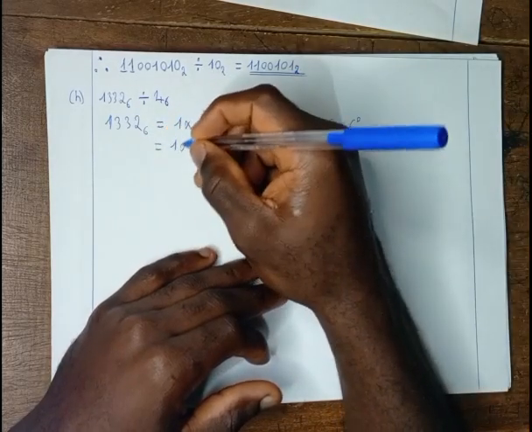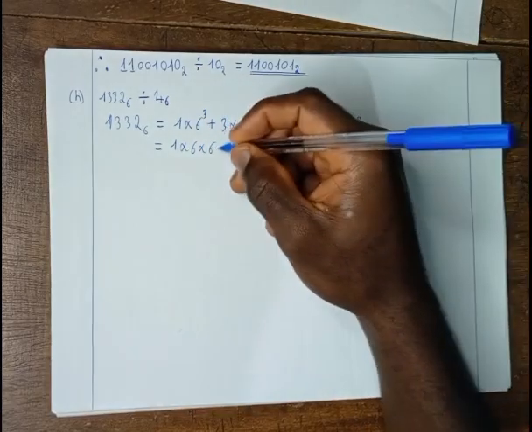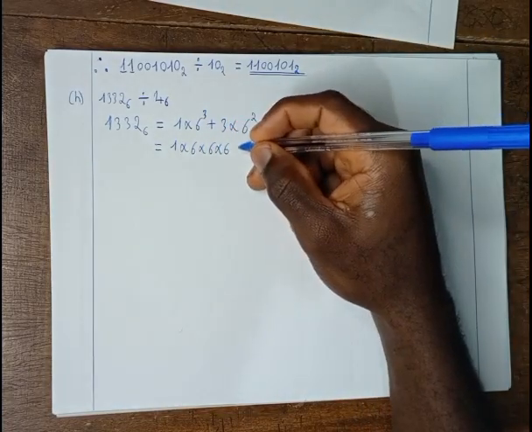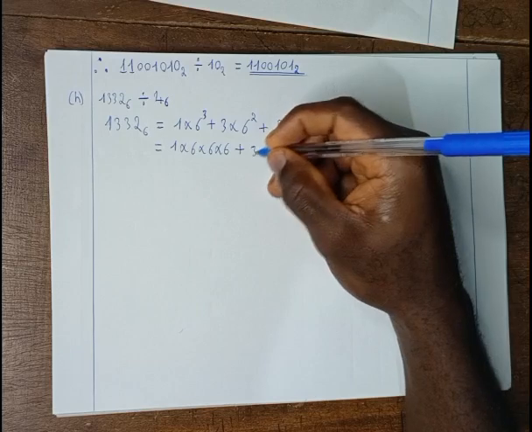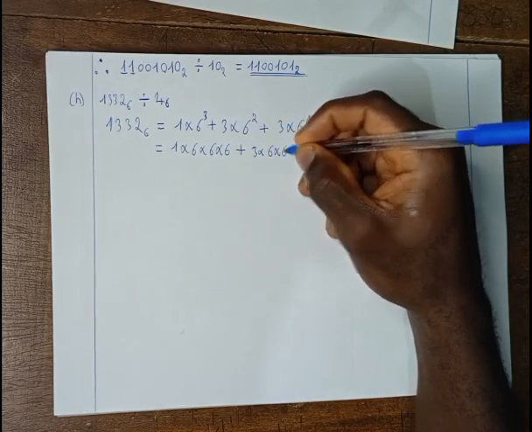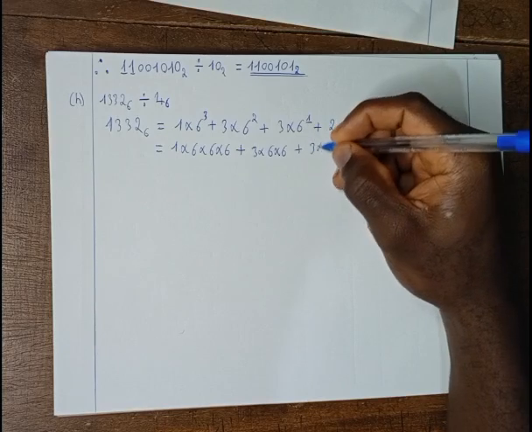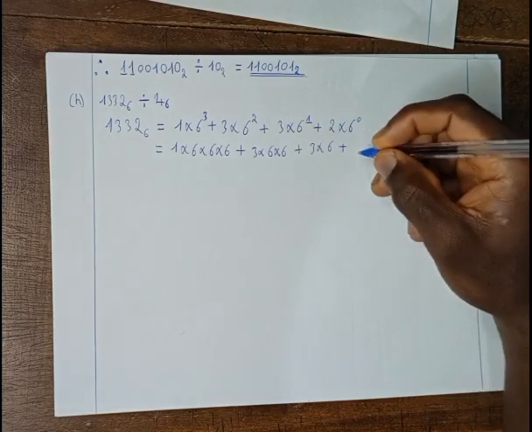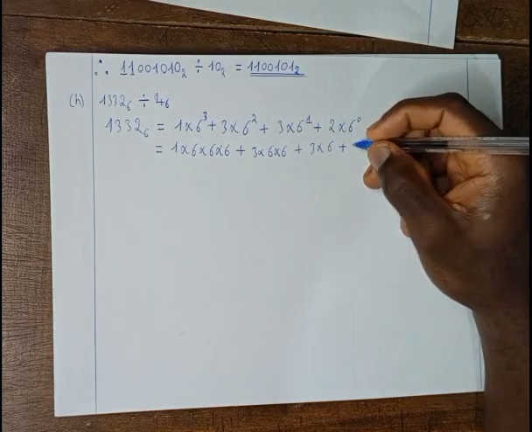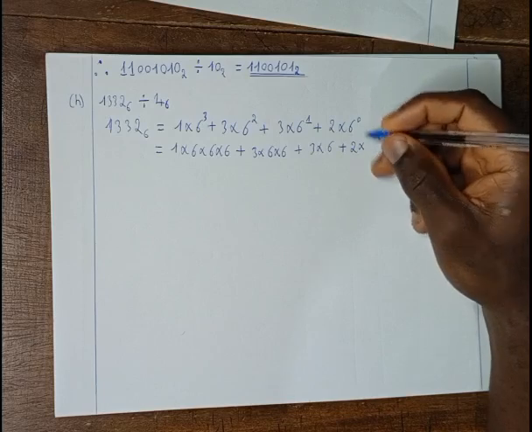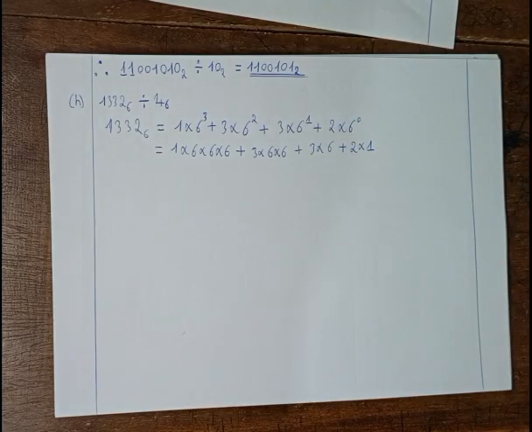This will simply give us 1 times 6 times 6 times 6 plus 3 times 6 times 6 plus 3 times 6 plus 2 times 6 to the power 0 is simply 1.